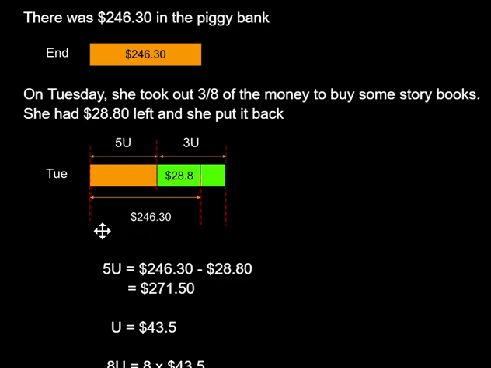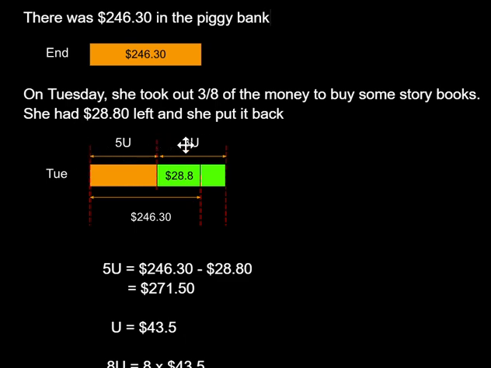From here, you can straight away see that this is 5 units, this is 246.30, this is 28.80. So the 5 units must be equal to 246.30 minus 28.80, which gives us $217.50. Okay, if 5 units is equal to $217.50, you can find 1 unit, which is $43.50.